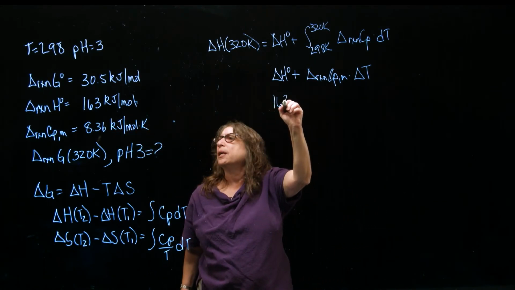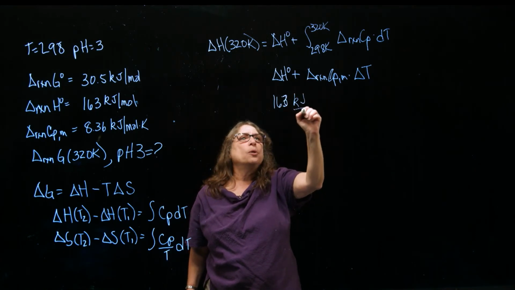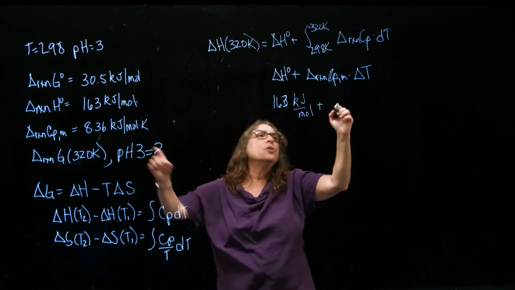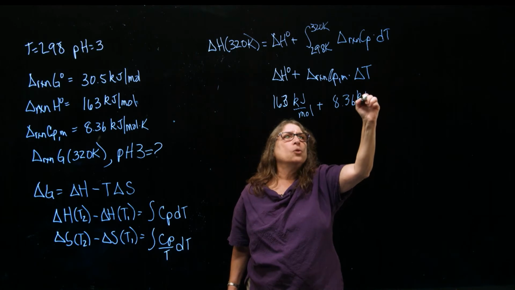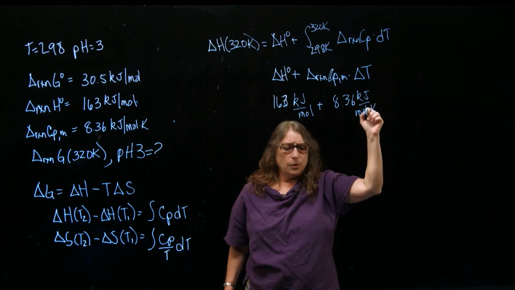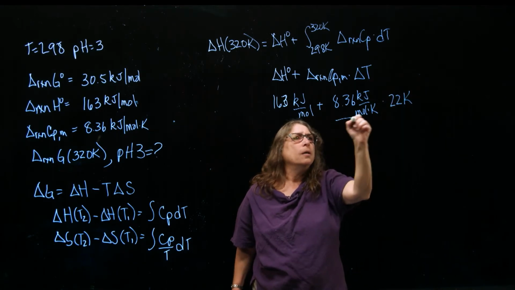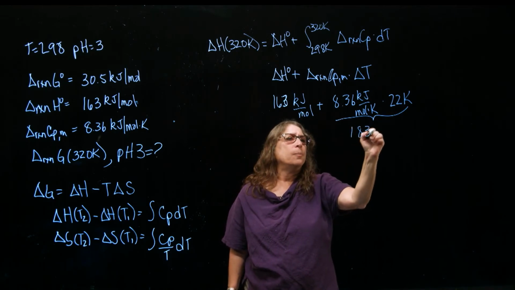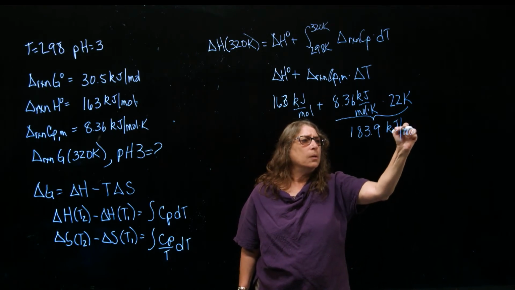This is 163 kilojoules per mole plus the change in the heat capacity, 8.36 kilojoules per mole Kelvin. And the total temperature change is 22 Kelvin. And so this turns out to be 183.9 kilojoules per mole.